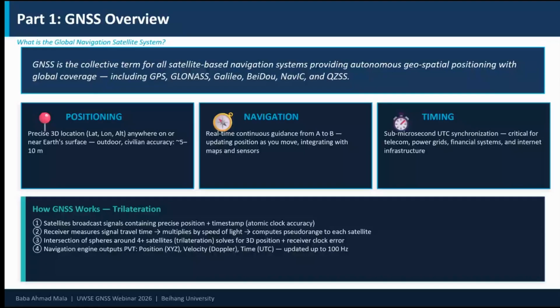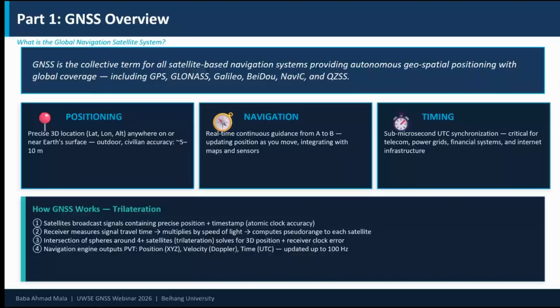The receiver measures signal travel time and multiplies it by the speed of light. It computes the intersection in space around 4 satellites. It solves the 3D position plus the receiver clock.